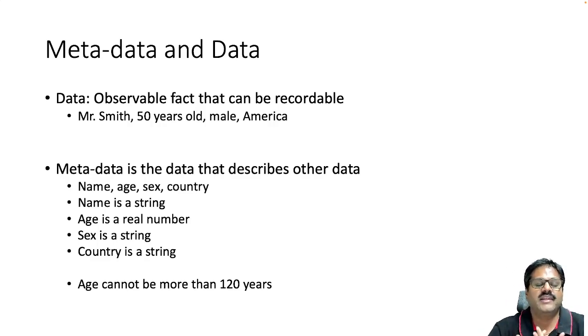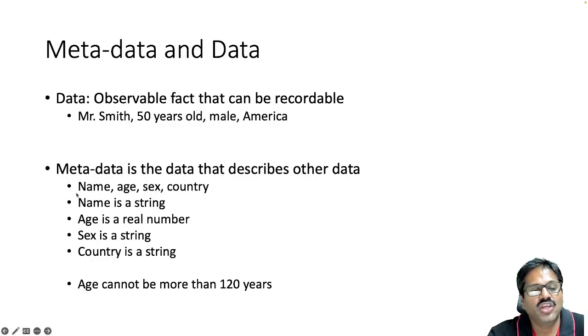Data is nothing but an observable fact that can be recorded. For example, Mr. Smith is a 50-year-old male, and he lives in America. That is the data. When I say metadata, we look at the header information: name, age, sex, country.